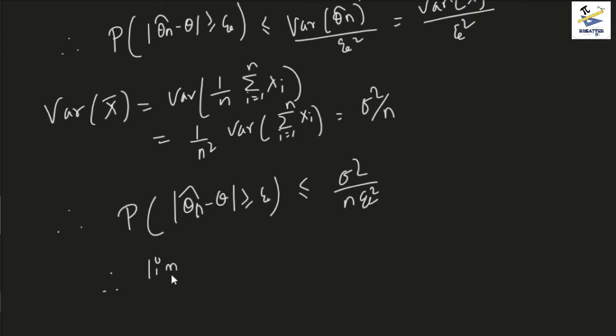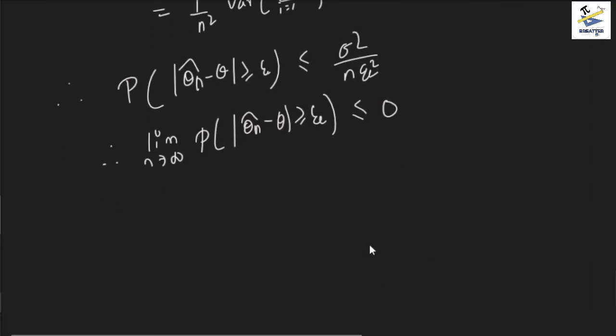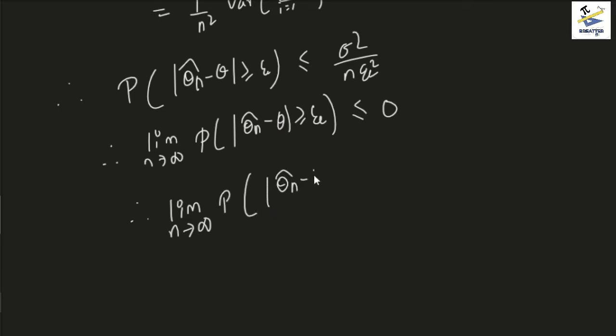Therefore, the limit as n tends to infinity of this probability is less than or equal to 0, and since probability is always greater than or equal to 0 as well, the limit is zero.